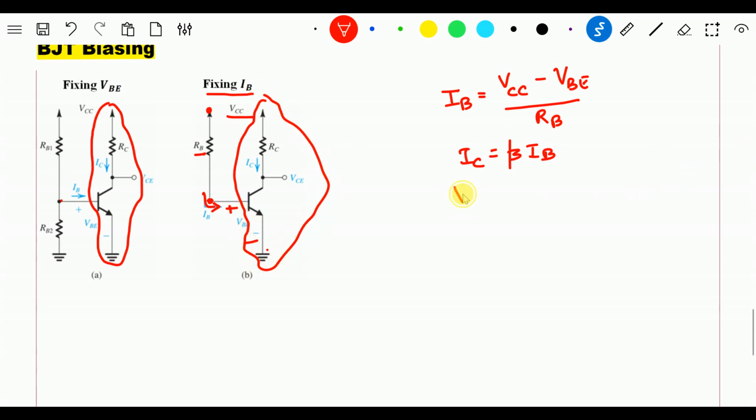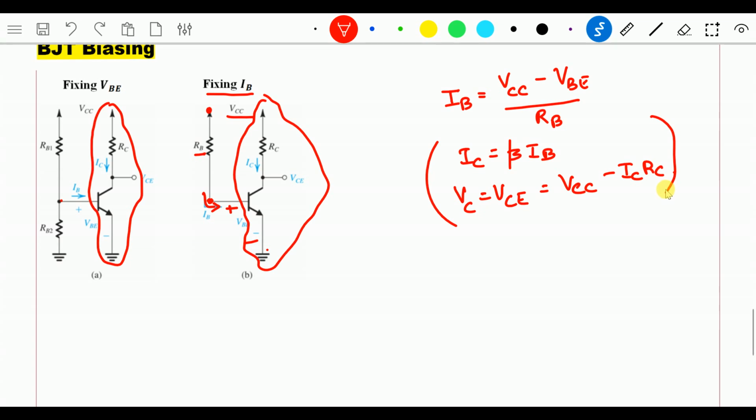Therefore, VC or VCE, which are both equal, follows the same equation, which is VCC minus ICRC. So these two values will now give me the value at the Q point. This is how IC and VCE are obtained in BJT biasing by fixing the base current IB.